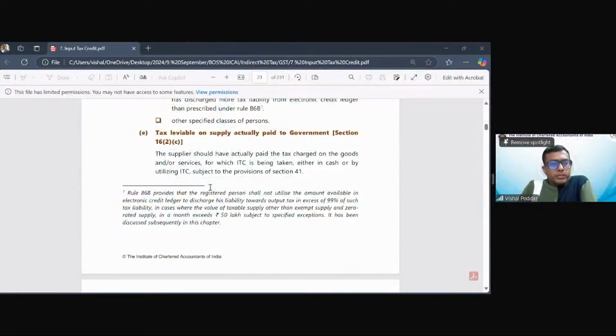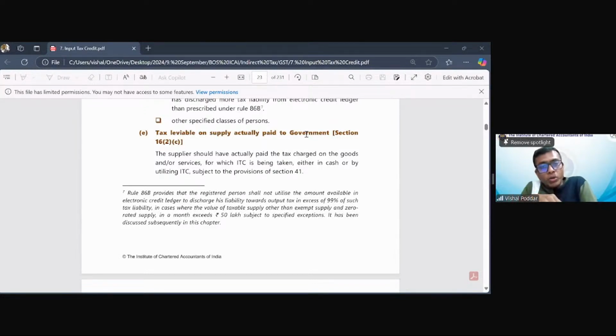The fourth condition, which you will also see in section 41(2), is that tax leviable on supply should be actually paid to the government. Now, in all the above conditions, the supplier had only uploaded the invoice in his sales return.